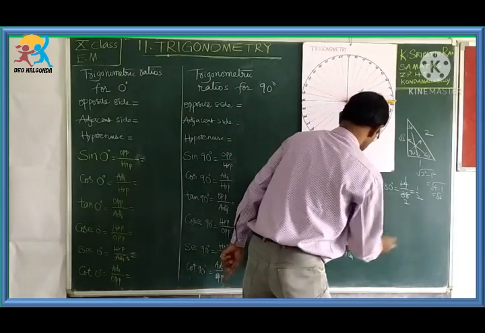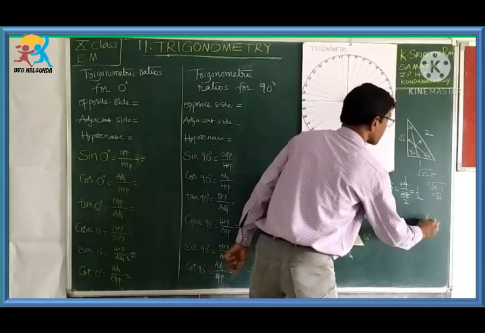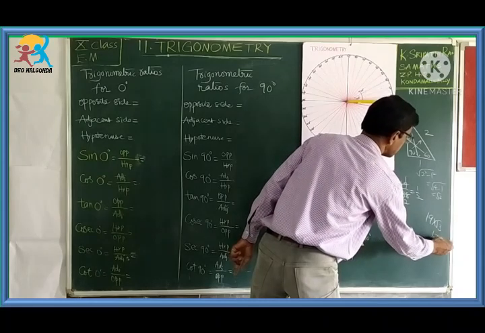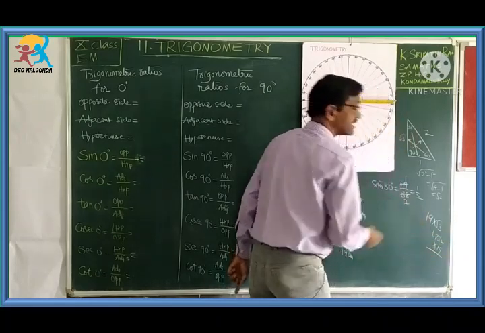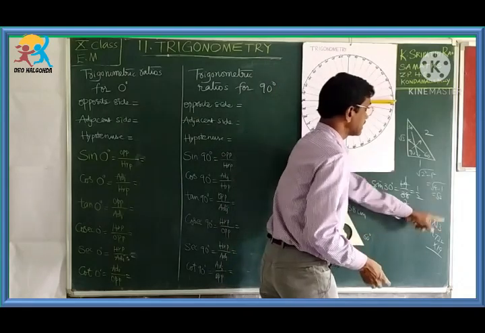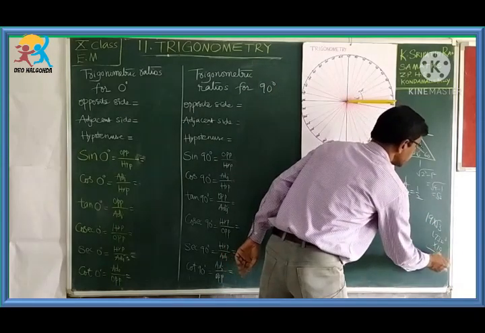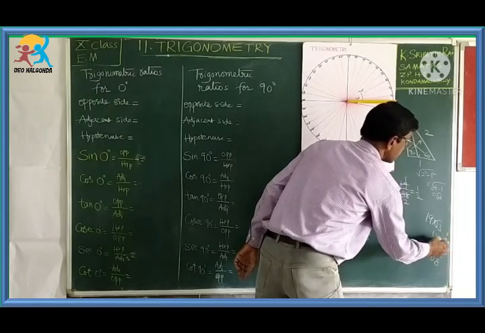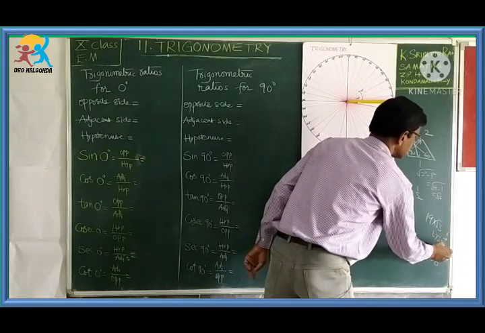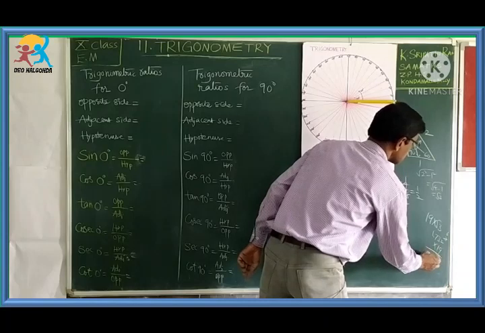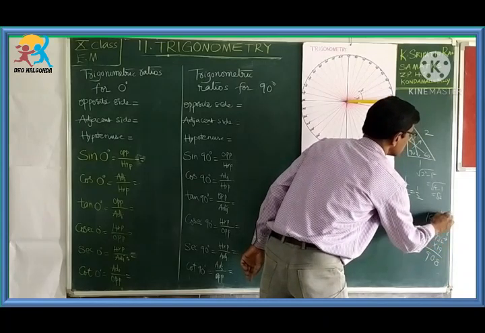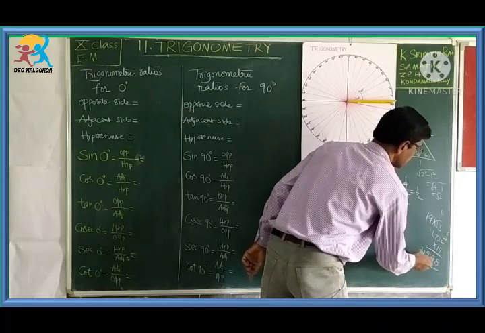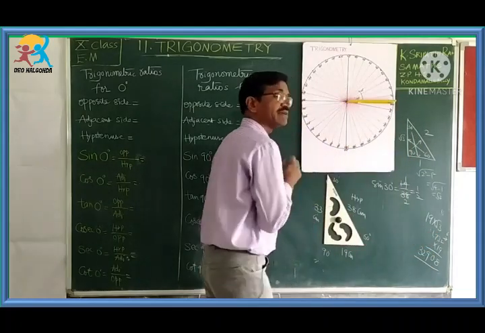Let us find that one. 19 into root 3 means 1.732 into 19, approximately, because it is an irrational number. 19 times 7 is 133, 133 plus 6 is 139, so 19 plus 13 gives 32.908, which is nearly 33 centimeters.